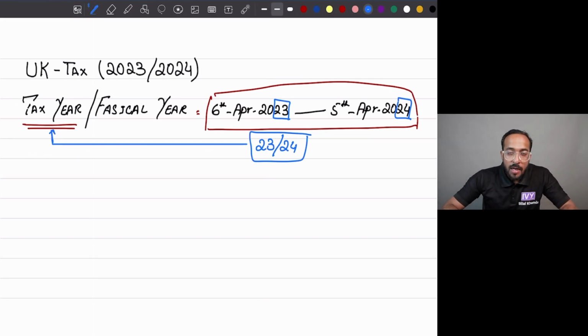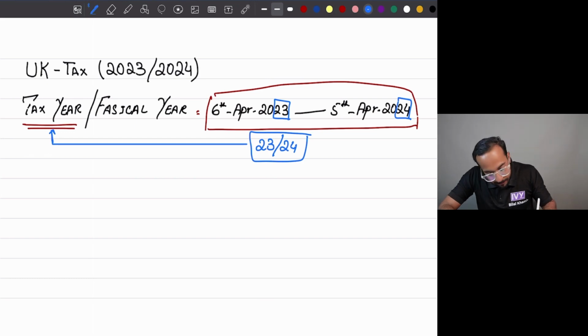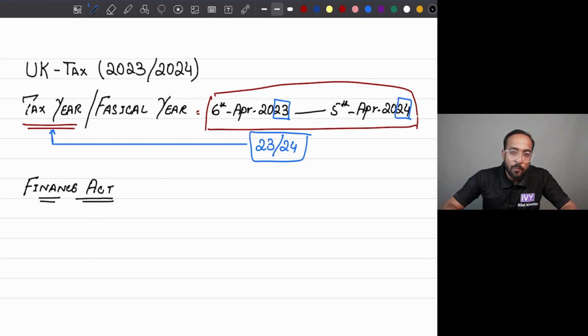Fine. Now, one more thing. The term Finance Act. What do you mean by Finance Act? Finance Act is a rule book which is introduced by the tax authority.